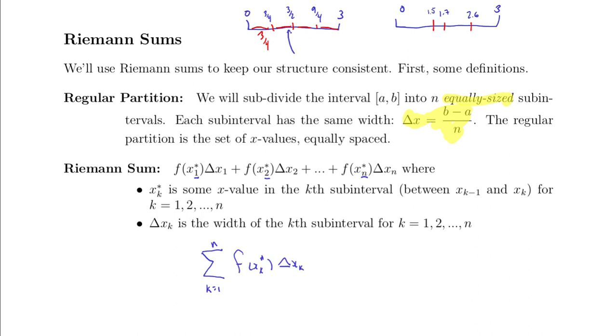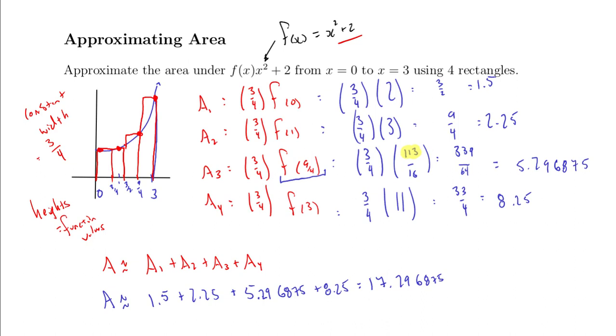So maybe I'll pick right here, and I'll say x sub 2 star, now because it's in the second subinterval, is going to be some number in between 3/4 and 3/2. Now for us, what we did was we picked 3/4, it looks like. We picked 1. Here it is.